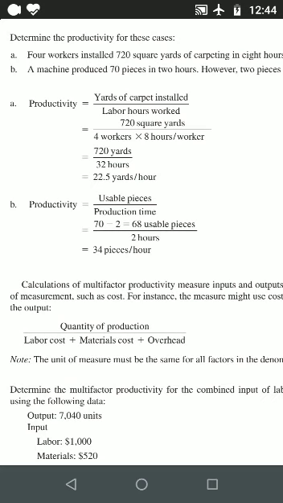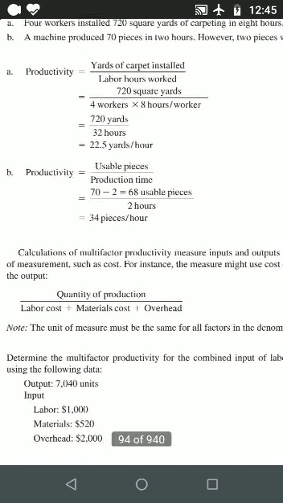It is very important. So quantity of production divided by the sum of all factors, or the cumulative value of all the factors used in producing this much quantity of production.